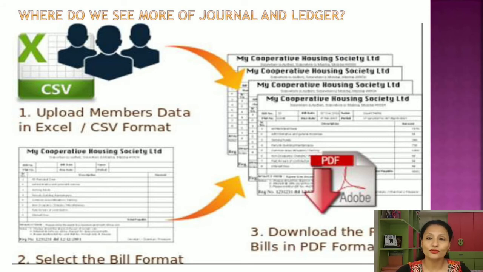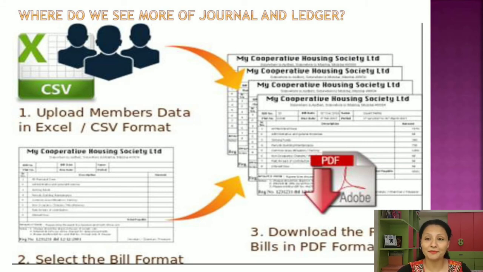So that also is journal and ledger. Whatever transactions are happening on a daily basis, they record in the journal, and they give you the details of your account, also the amount due and paid, in the form of a ledger. So these are the applications of ledger and journal in our daily lives.